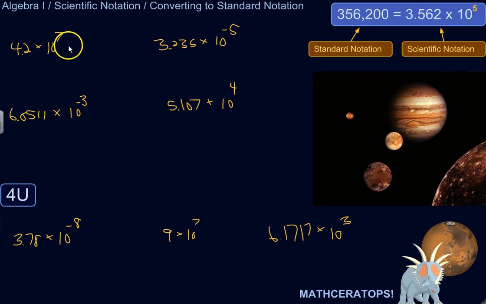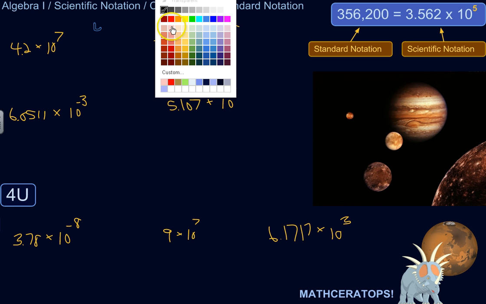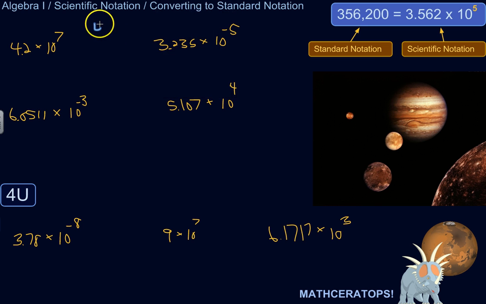Now, why do we do that? Well, say you multiply the number 4 by 10, you just take its decimal and move it over 1, right? Or if you're dividing 40 by 10, you just move the decimal place over 1 to the left to figure out what that would be.